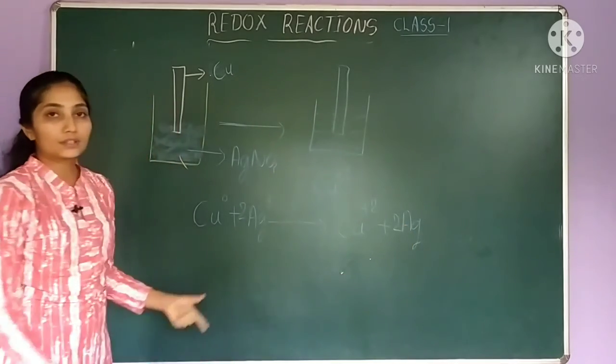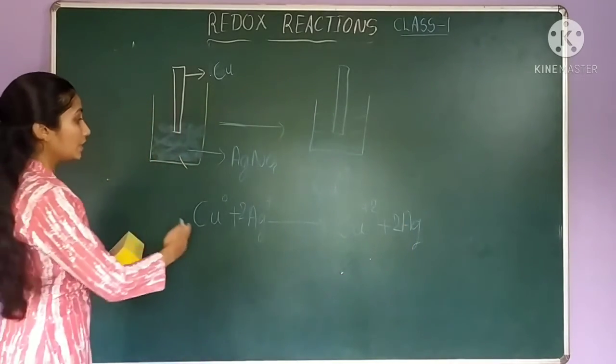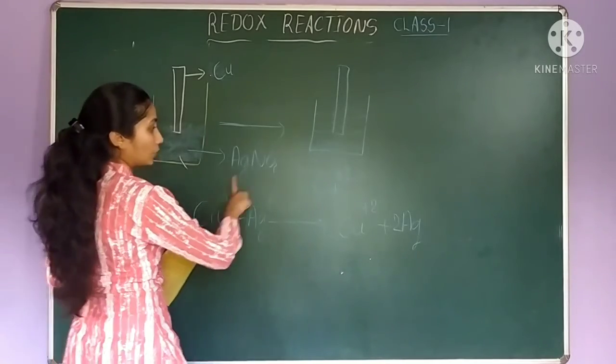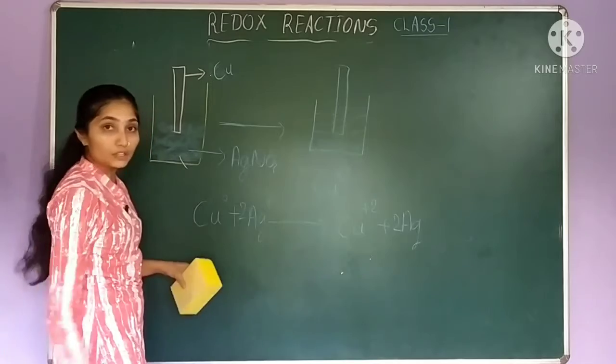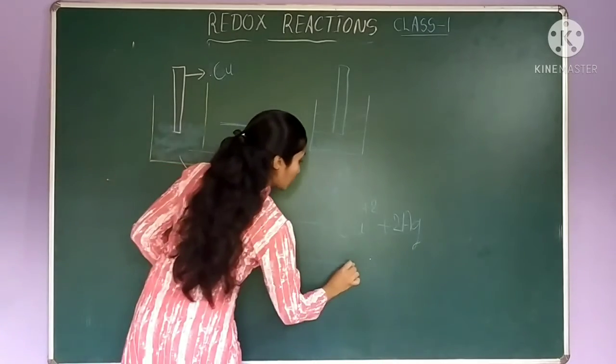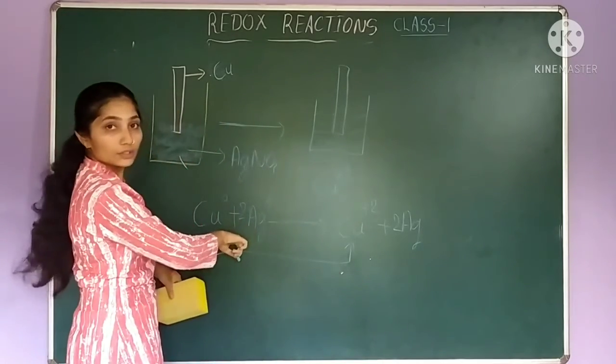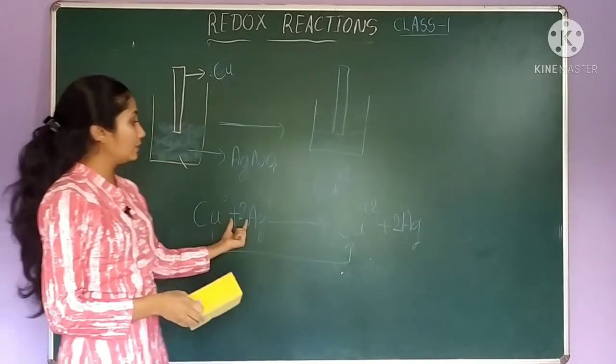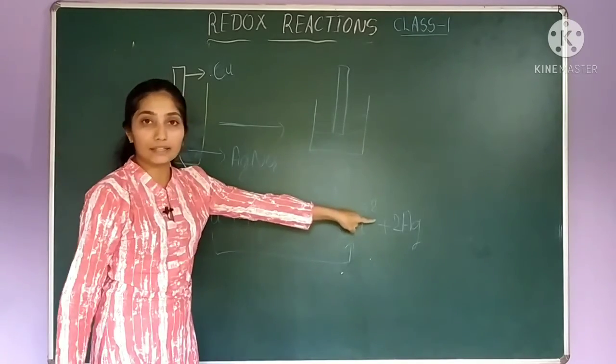So this is the reaction. Which one is donating electrons? See, 0 to plus 2. That means copper is donating electrons to silver, and the charge on silver is getting reduced.